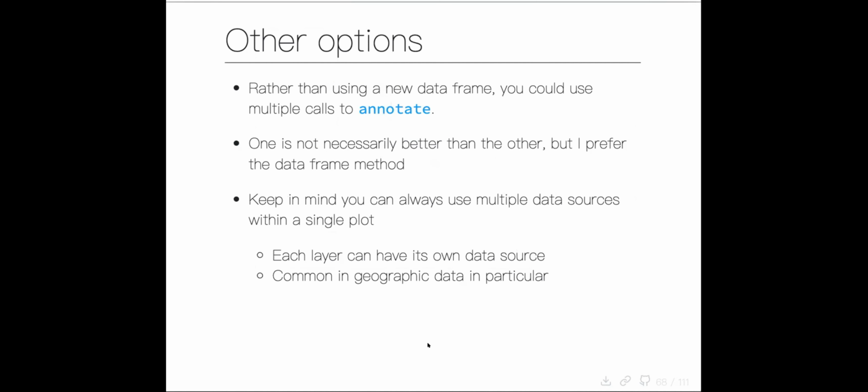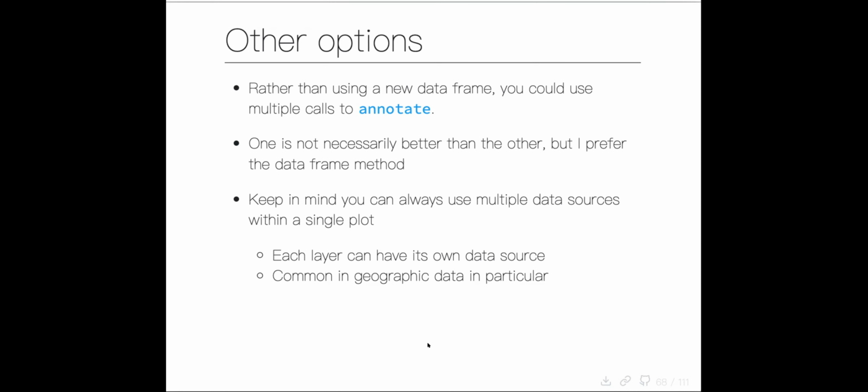Okay. Other options, there's another function within ggplot called annotate, which can be used for a bunch of different things. One of them is text annotations. I kind of prefer the data frame method, but you can also use multiple lines of annotate to do the same thing.